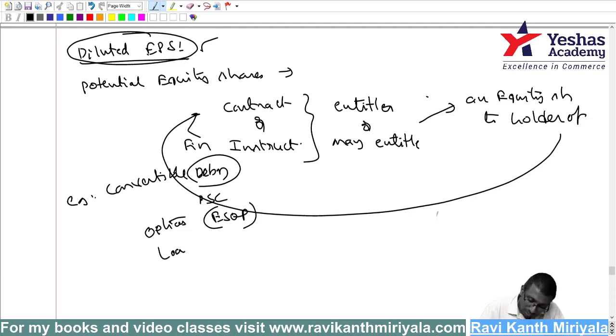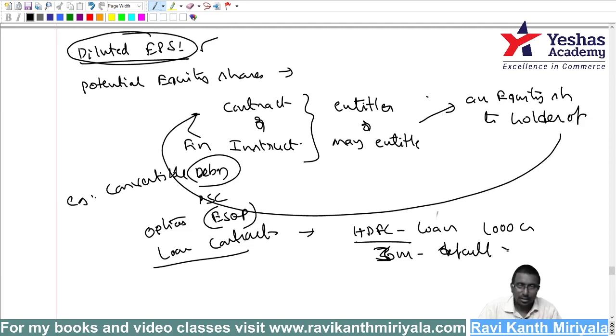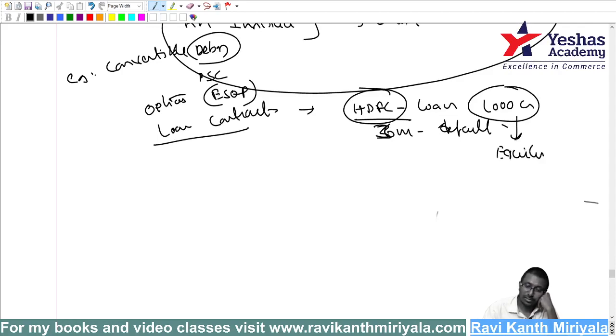It can be a loan contract also. It can be any contract. Suppose HDFC Bank has given a loan to our company, let us say 1000 crore. In the loan agreement, it may be mentioned that if you don't pay for 3 or 6 months continuously, HDFC will convert the entire 1000 crores into equity shares.